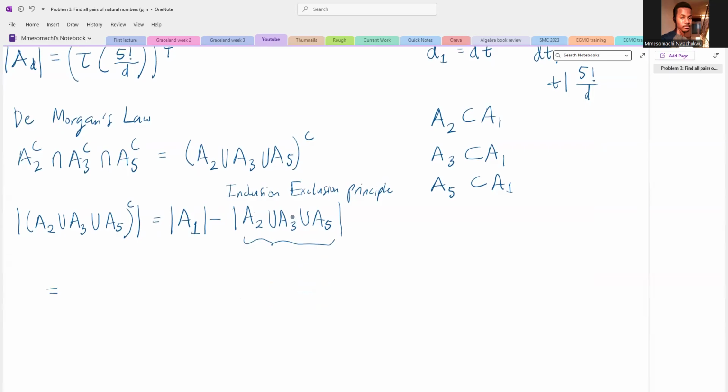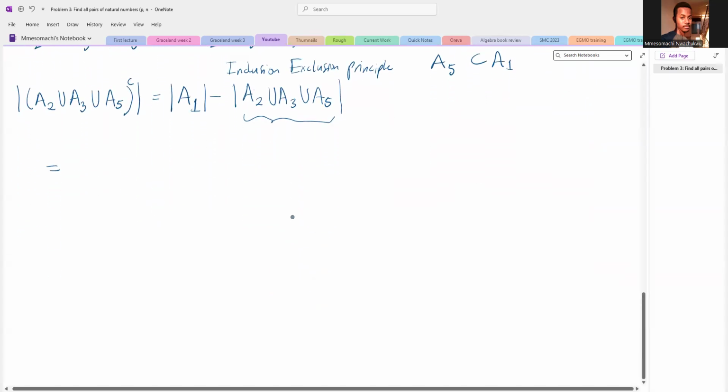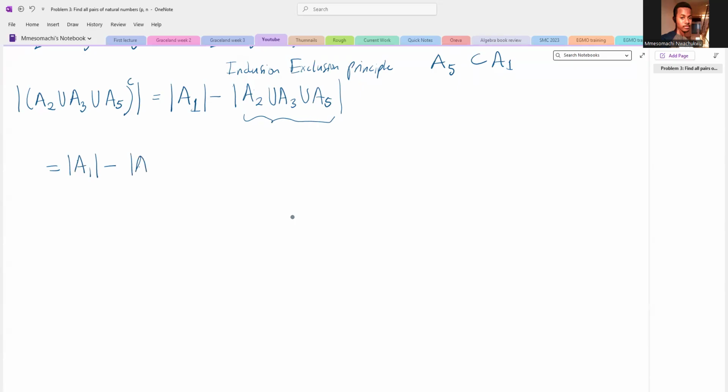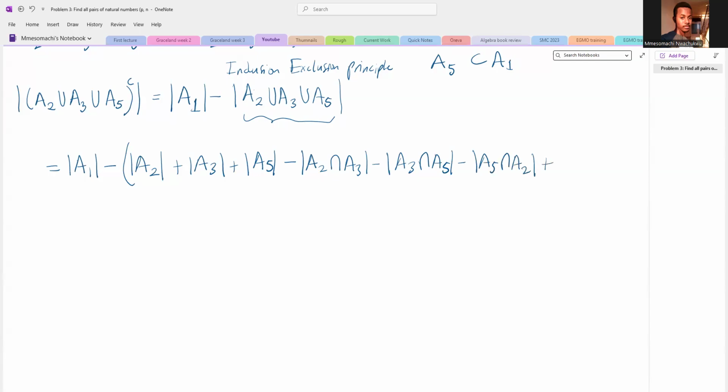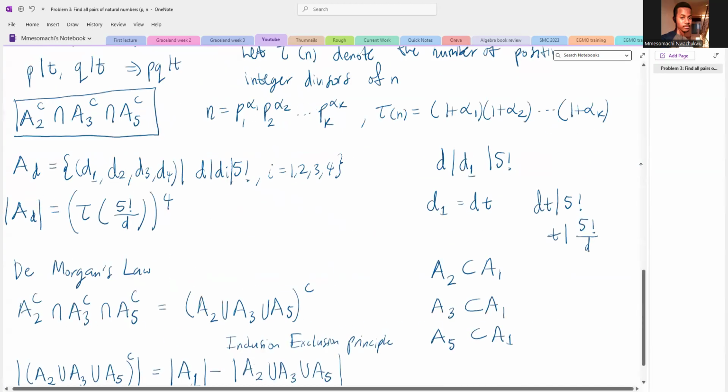So this is going to be equal to A1 minus, let me put the brackets, A2 plus A3 plus A5, minus A2 intersect A3 minus A3 intersect A5 minus A5 intersect A2 plus A2 intersect A3 intersect A5.